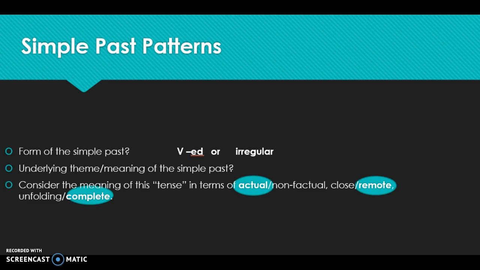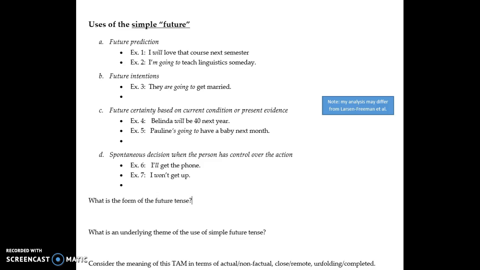Let's move on to the simple future, going back to our handout. I've listed 4 uses of the simple future. They might be a little bit difficult to tease apart, so I added some extra examples so that you could look at the form and also the meaning in the use.